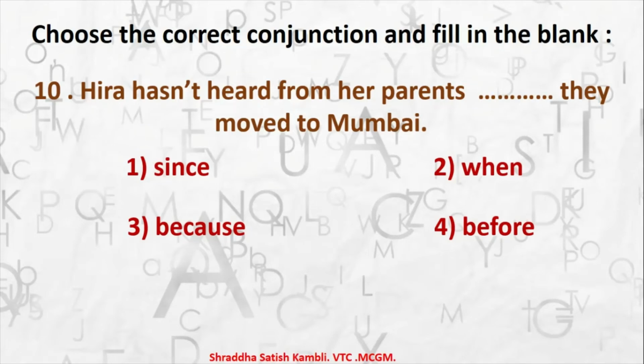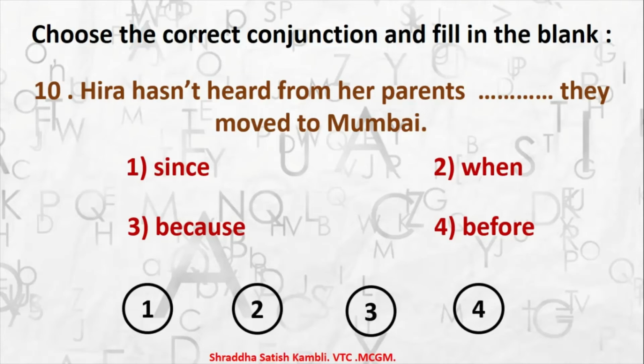So which will be the correct word which will fit into this gap here? Hira hasn't heard from her parents, option number 1, since they moved to Mumbai. That is, once Hira's parents went away to Mumbai, she hasn't got any news of them, or any message from them. Alright, so this was the second pattern.